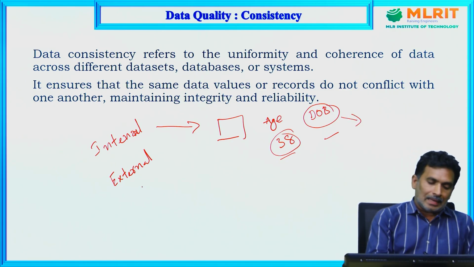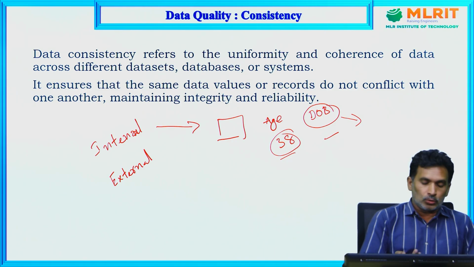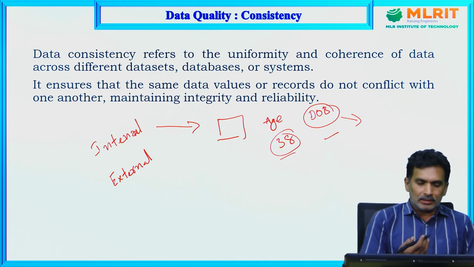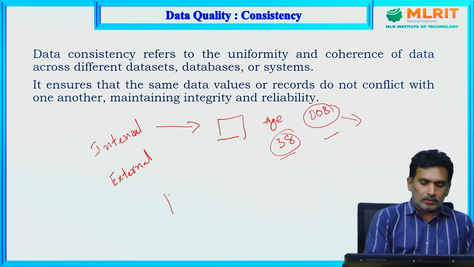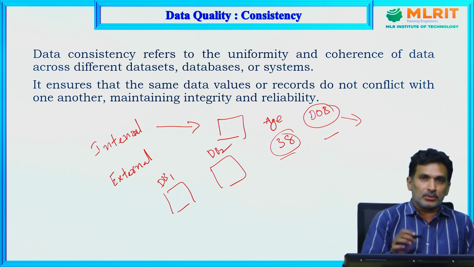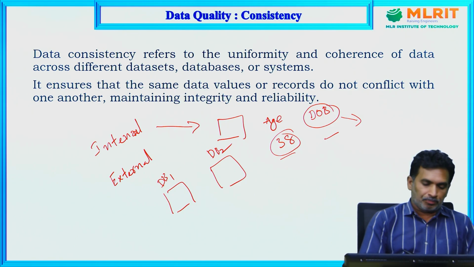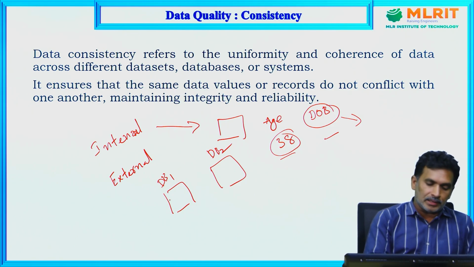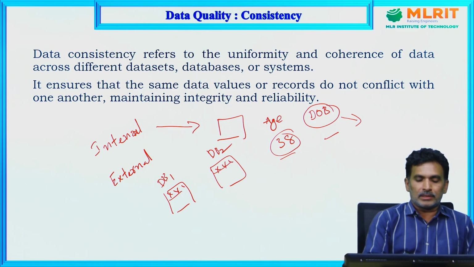Second, external consistency. External consistency means suppose there are two different databases, DB1 and DB2, and take the same customer. The customer address in one database and the same customer's address in the other database are different.